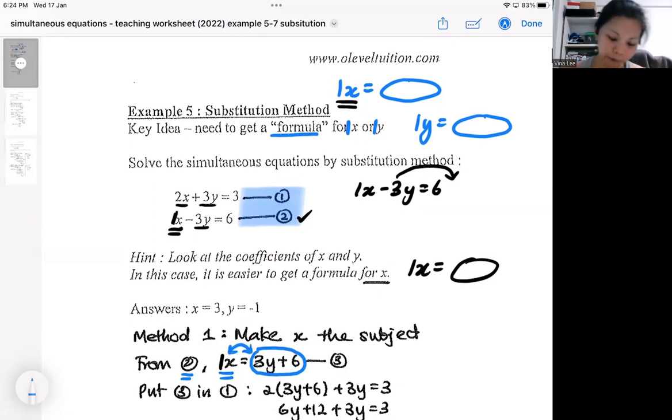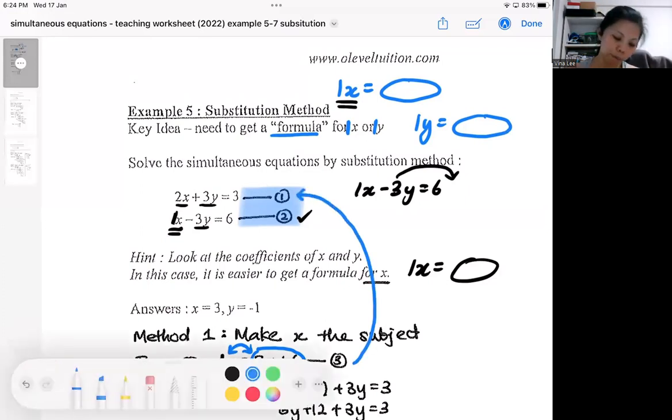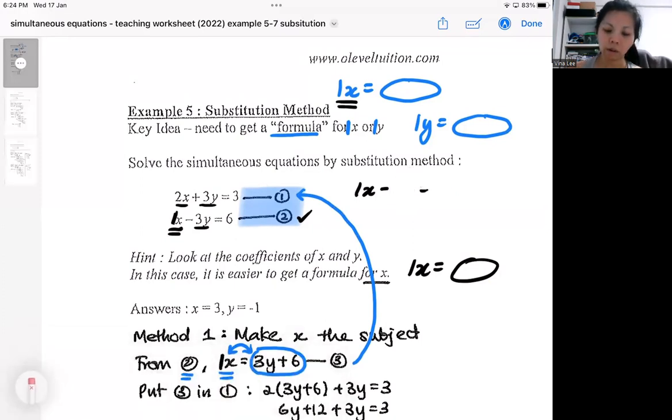This whole thing represents 1x, and I'm going to put this subject into the other equation. Do not put it into the same equation. Don't put it back in number 2 because your subject came from equation number 2.